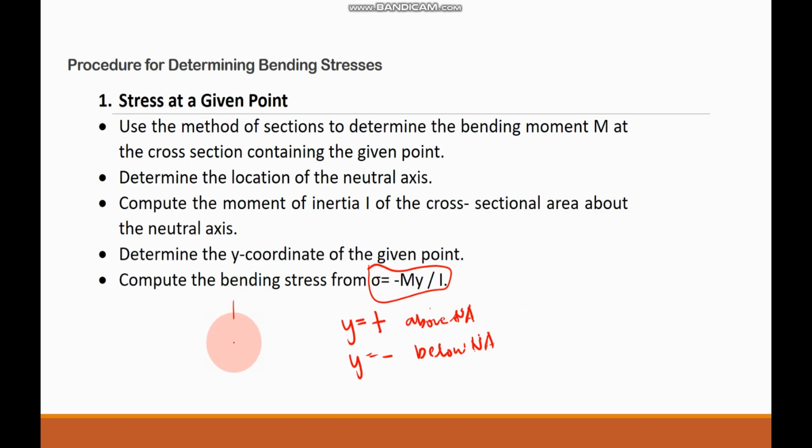So dapat uniform din yung paggamit niyo dito. So at this part, y is considered as positive, and below the neutral axis, y is negative. Kaya kung isa-solve niyo na yung flexural stress, mapapansin niyo kung gagamit kayo dito ng positive, the flexural stress here causes a negative stress, and then the stress here causes a positive stress.